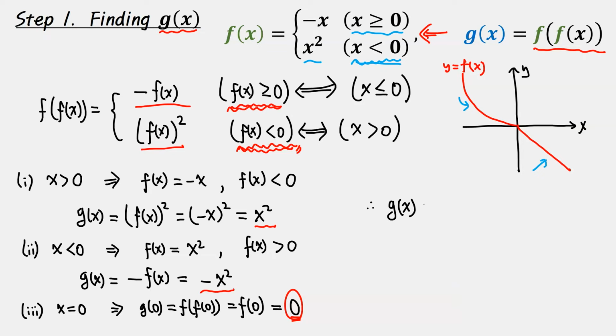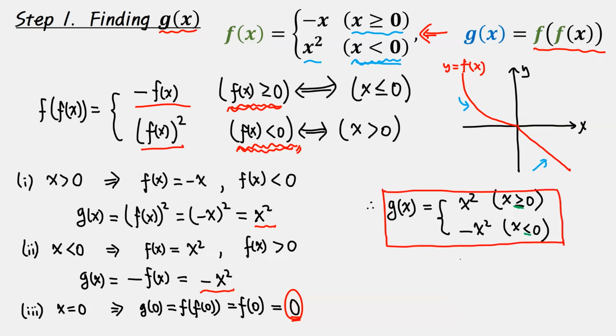Therefore, we can write g(x) like this: g(x) is x squared when x is positive or 0, and minus x squared when x is negative. This equality sign can be anywhere. So this is g(x), and the graph of y equals g(x) looks like this. Alright, so we have obtained g(x).